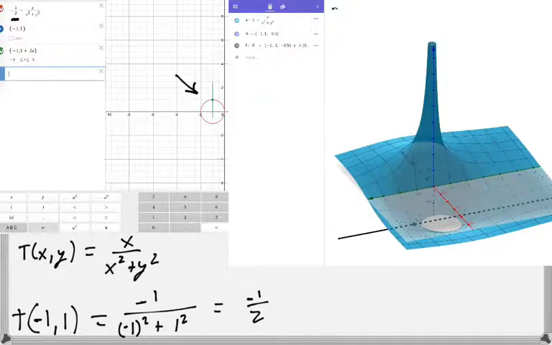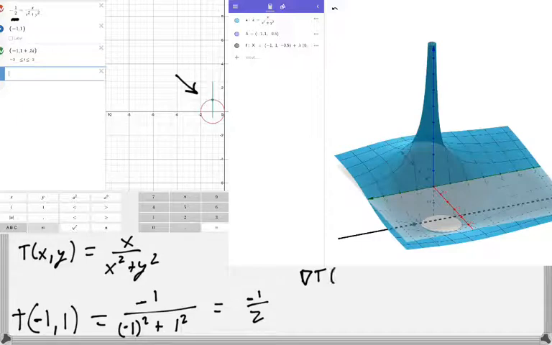And then if I find the gradient, so our gradient for this particular function, so I'm doing a different point here. Our gradient for this function was, where was it?